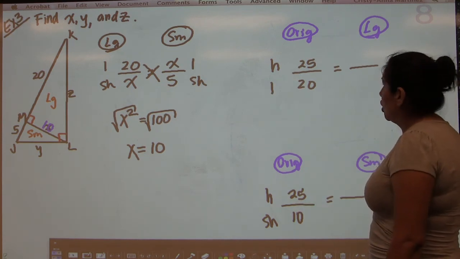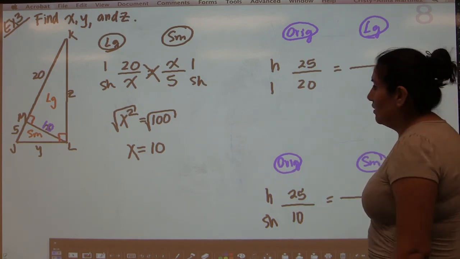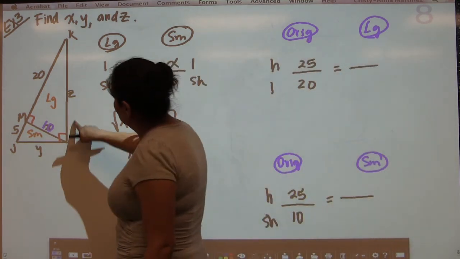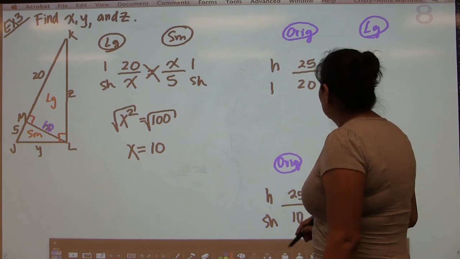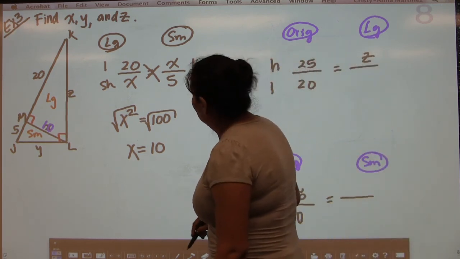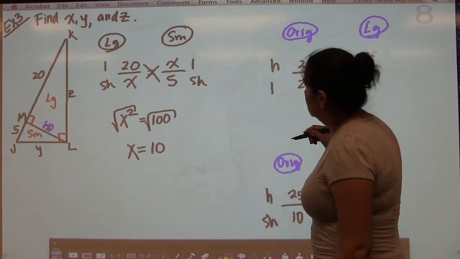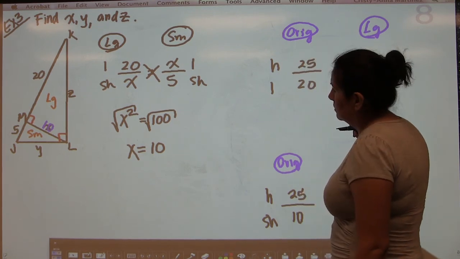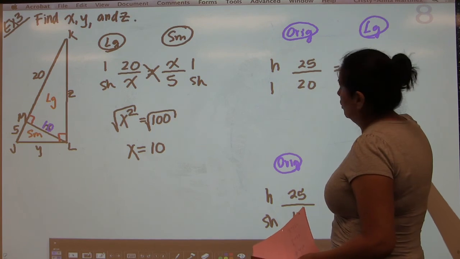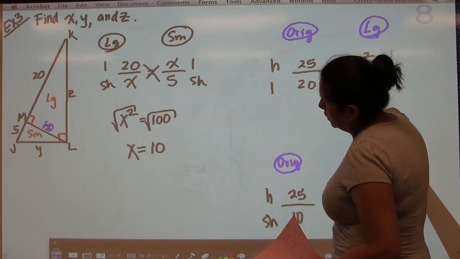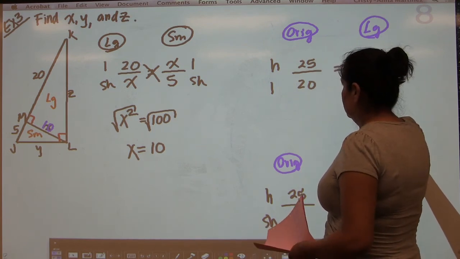And then we want to go to the large triangle. In the large triangle, the hypotenuse is z, and the long leg of the large triangle, we already said, is 20.